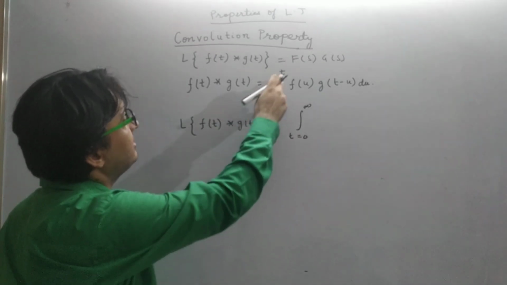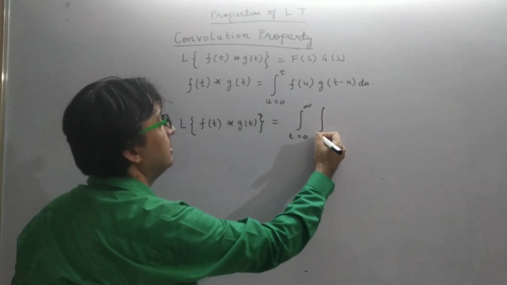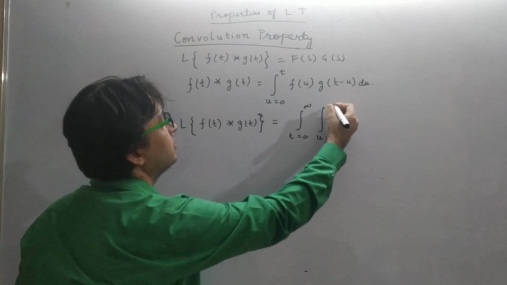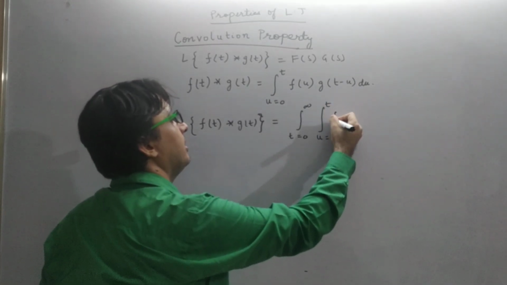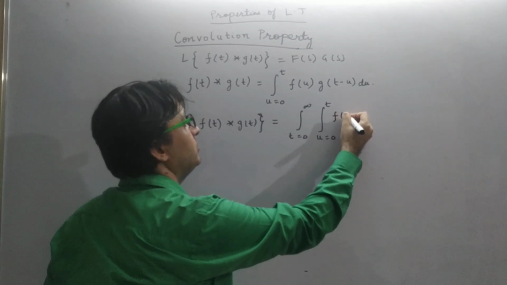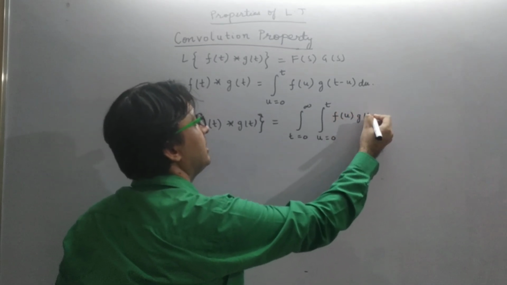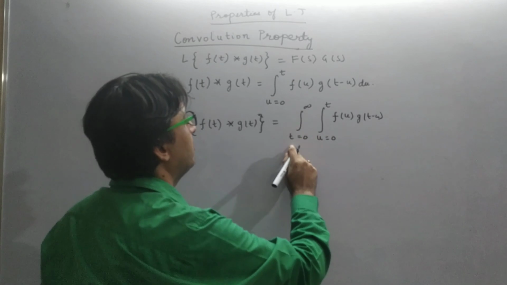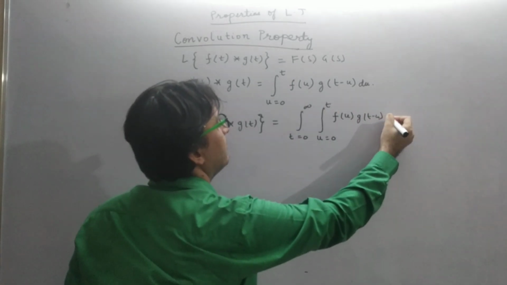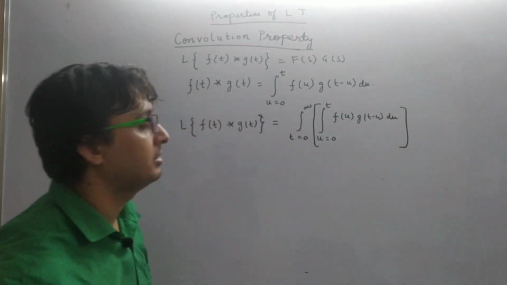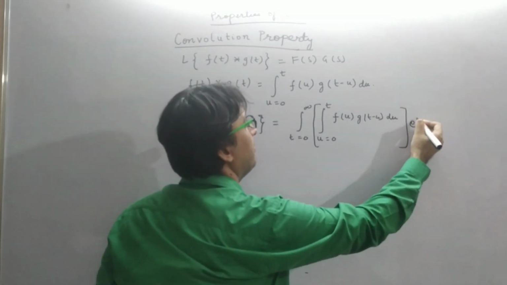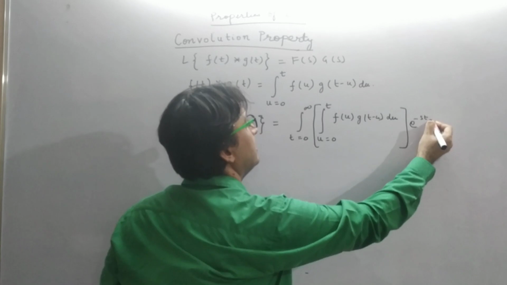So we can write it as the integral of u from 0 to t of f(u) g(t minus u), and for this we have to write e to the power minus st dt.